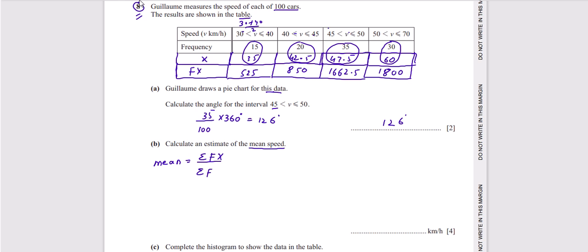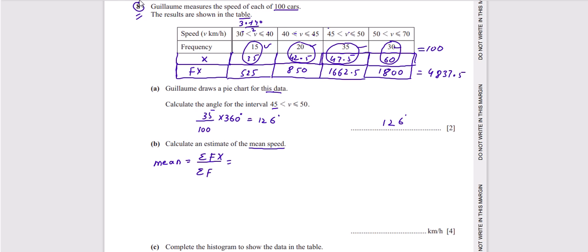Summation of fx means the sum of f of x. This one is f of x. Sum of these values, we get 4837.5, and summation of f means the sum of these frequency values, this one, this one, this one, and this one, that is equal to 100. Put these values in this formula.